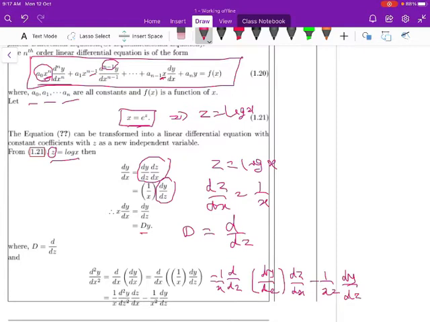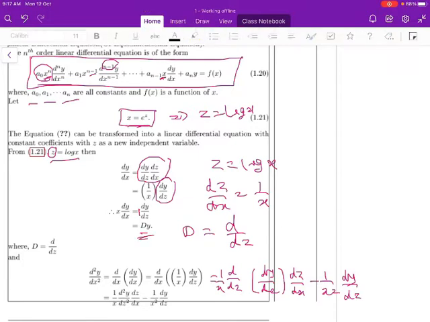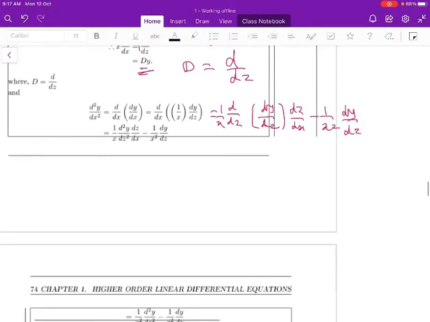So you can observe that x into dy by dx, the derivative with the variable coefficient, is converted into constant 1 into dy by dz. So you can convert from variable coefficients to constant coefficients by taking the transformation x is equal to e power z. Therefore x into dy by dx can be written as simply dy by dz or capital D into y.